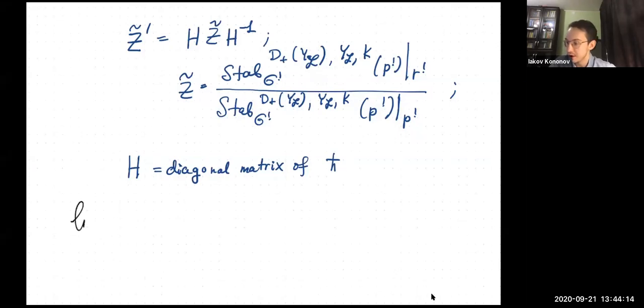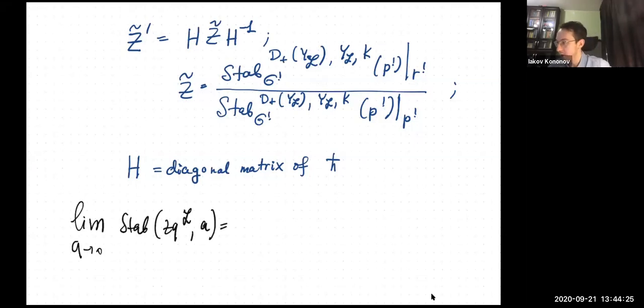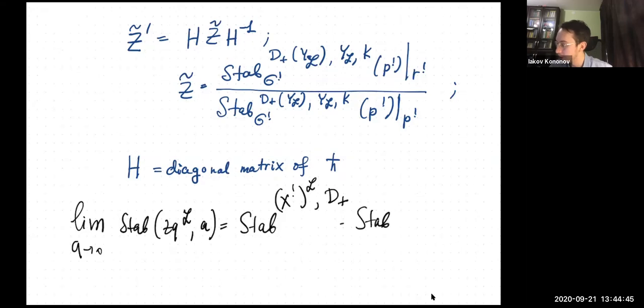So we can now write limit Q to 0 of elliptic stable envelopes Q to L and A. This is equal to a stable envelope of the X to the L invariant subvariety and D plus, times stable envelope of X and slope L plus epsilon.